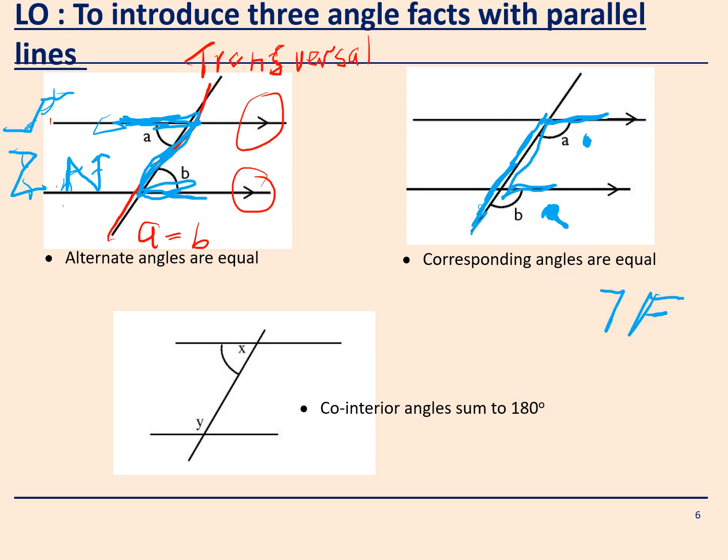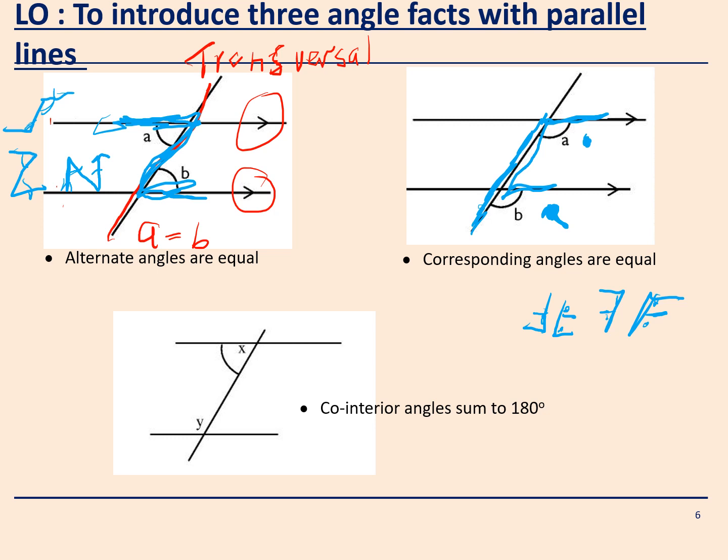That F can be back to front, upside down, or a mirror image. Always that angle is corresponding to that angle. This angle corresponds to this, this angle corresponds to this, and this angle corresponds to this. So corresponding angles are equal.